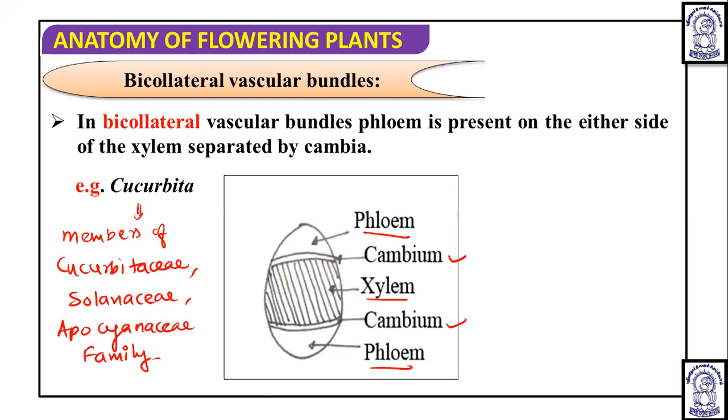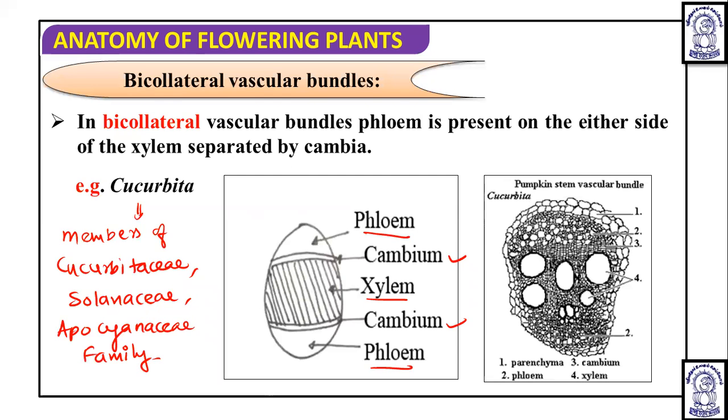Now, after the bicollateral condition, if we talk about one more type, there is another type which is known as the concentric vascular bundle. That is the third type which we discuss.